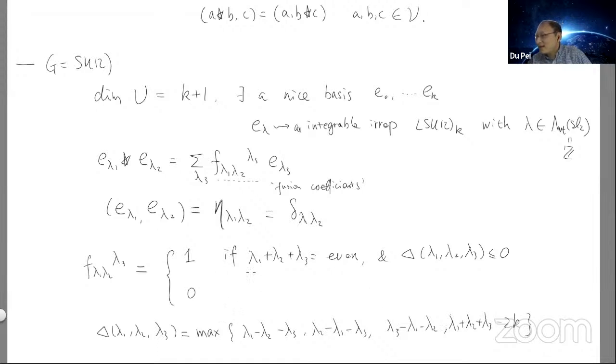So it will be 1 if these two conditions are satisfied: the sum of all lambdas is even, and also this function of lambda 1, lambda 2, lambda 3 is smaller or equal to 0. And this f is going to be 0 otherwise.